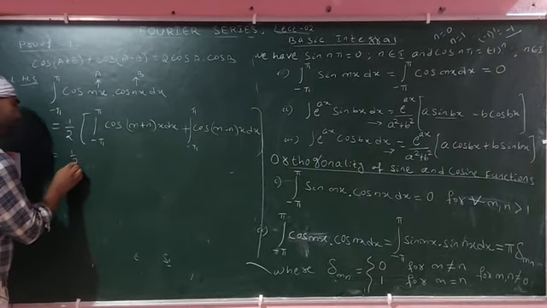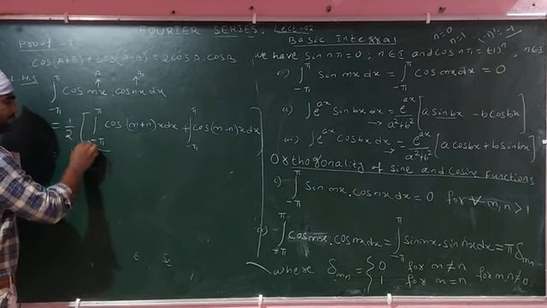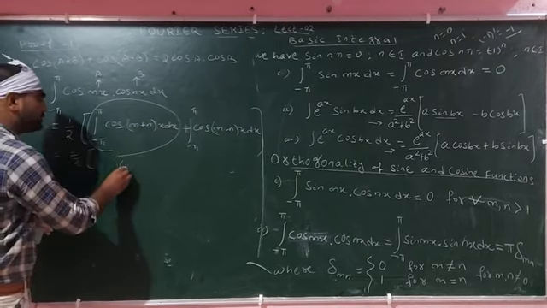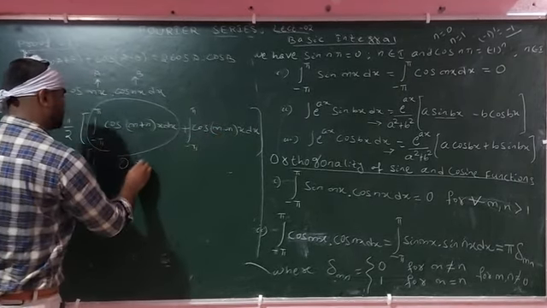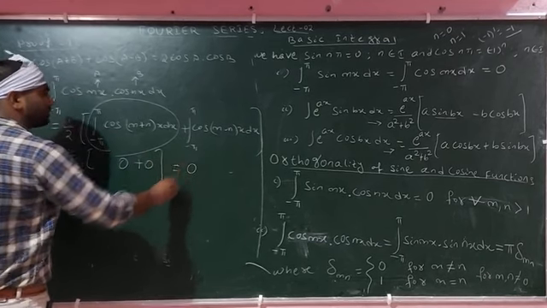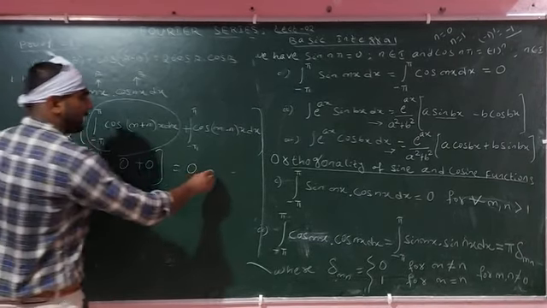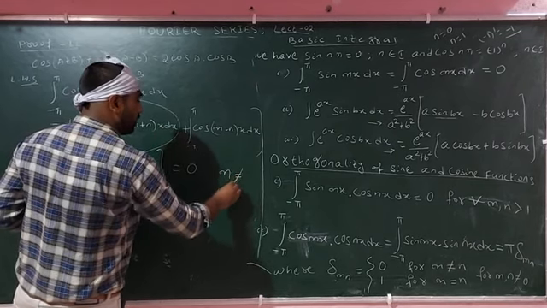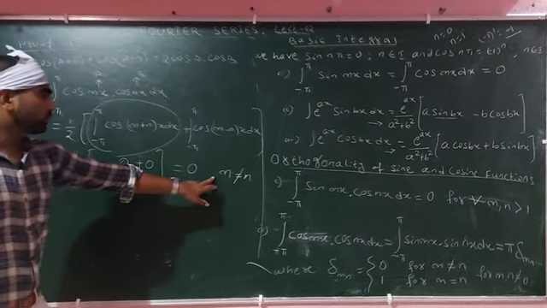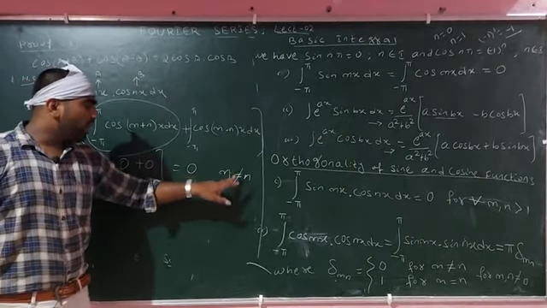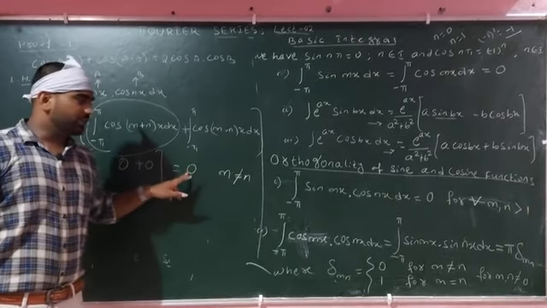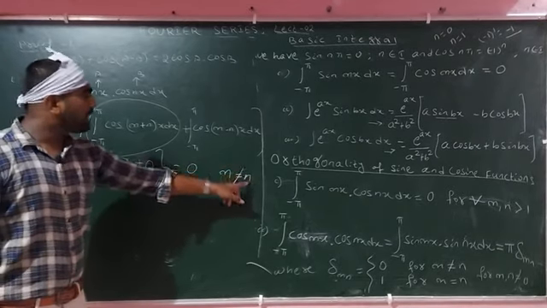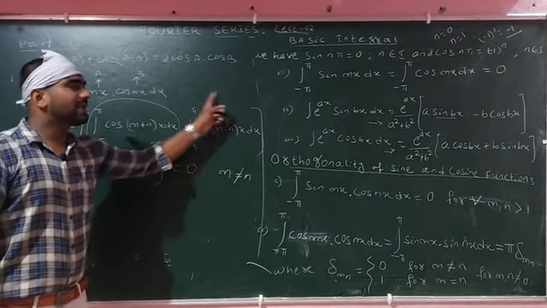So half, here the integration from minus pi to pi of cos(m plus n)x dx will be 0 and cos(m minus n)x dx will be 0. So that value becomes 0 if m is not equal to n. If m is equal to n, then that part cannot be cancelled out.